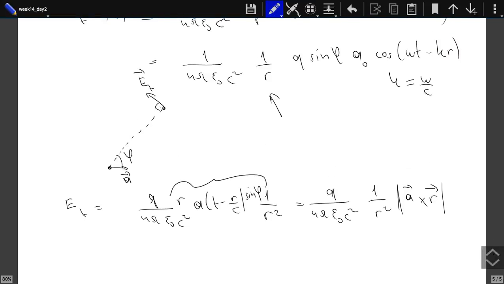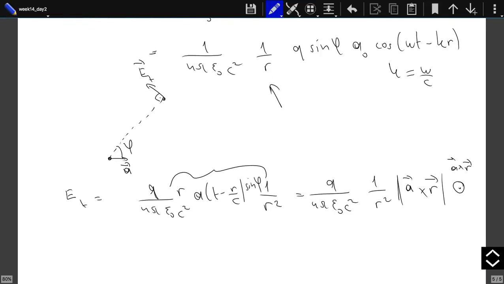What is the direction of a cross r? Out of the screen, right? This is a cross r. What is r hat cross a cross r? R hat is in that direction. This is the direction of r hat.